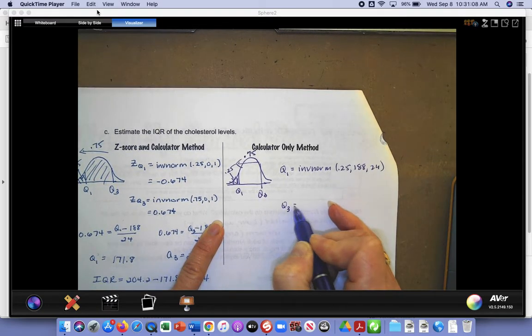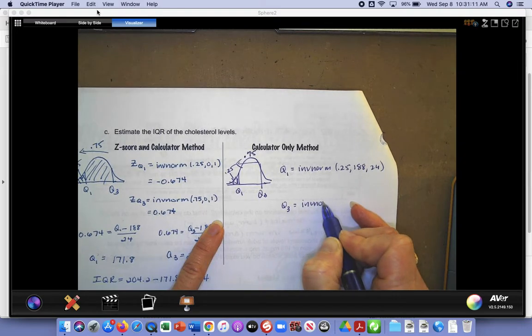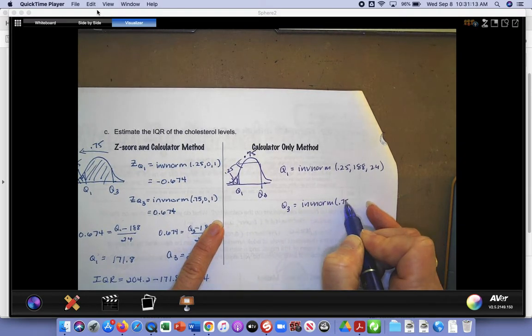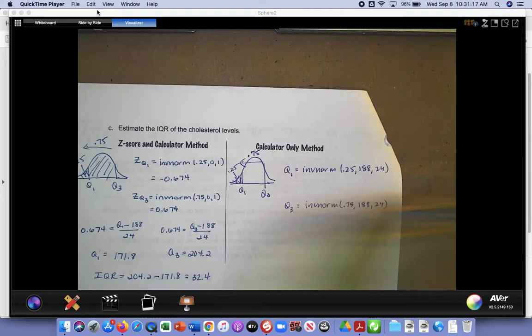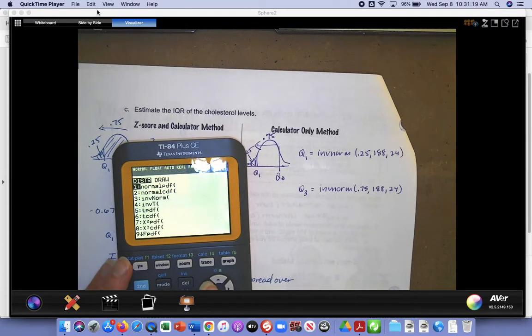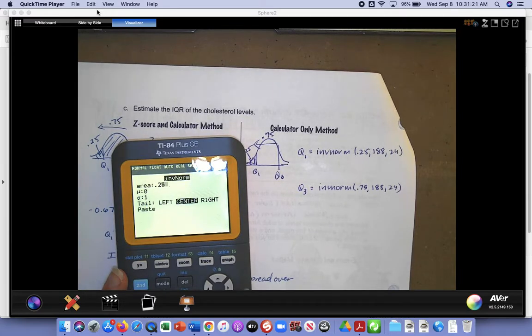To find the Q3 value, it'll be inverse norm. Again, I'm always doing these with the area to the left. I just keep that area to the left because that's how the table was. That's how the old calculators were, so I just stay consistent there. So 0.25, 188, 24.